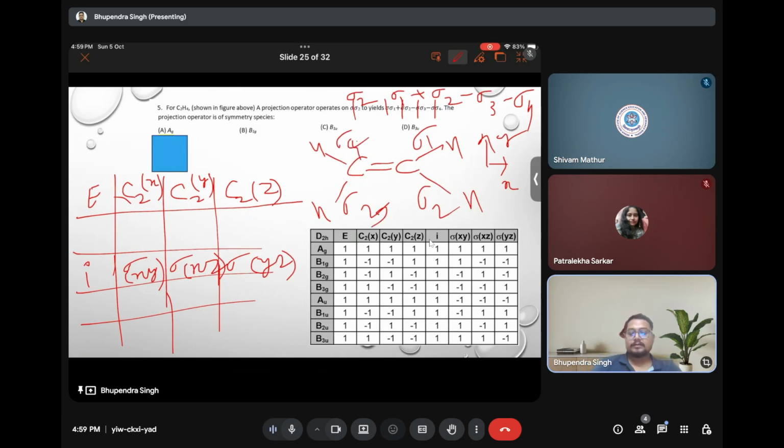So now tell me what will be the reducible representation or reducible characters for these symmetry operations. So for E, tell me what will be the character.